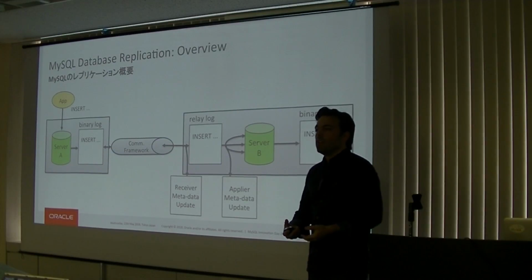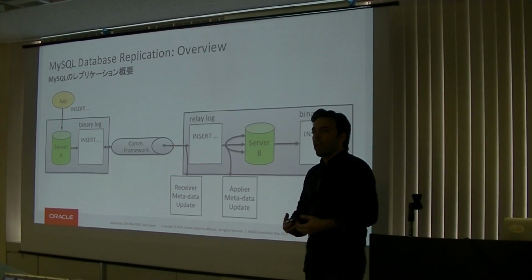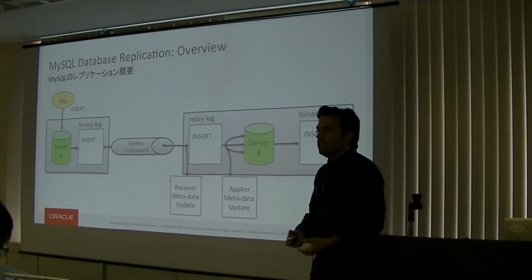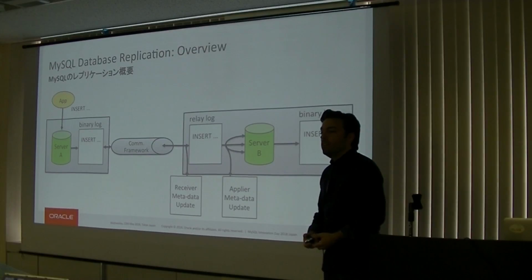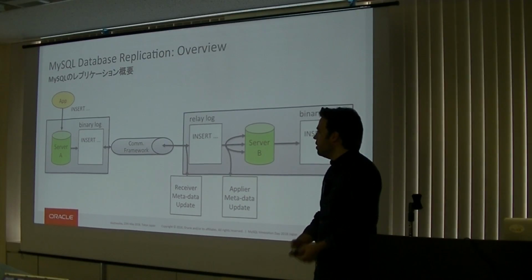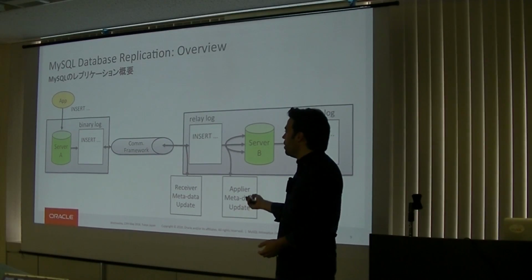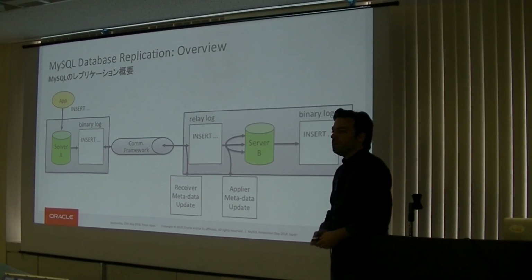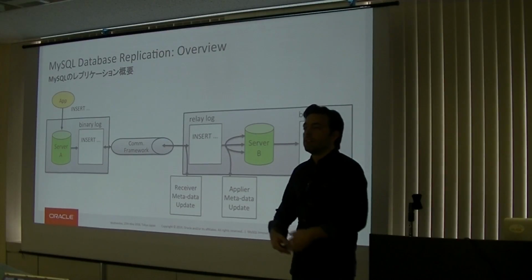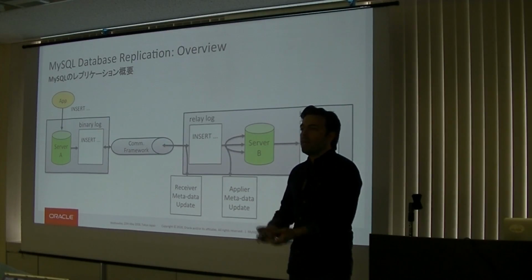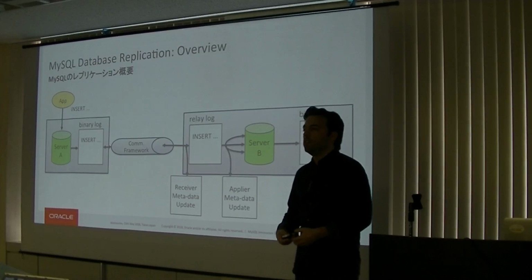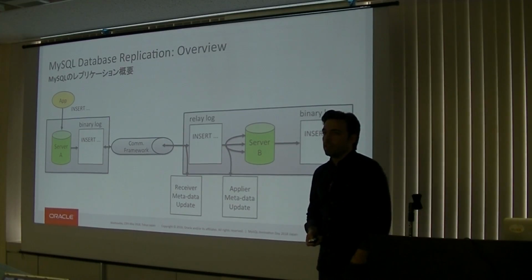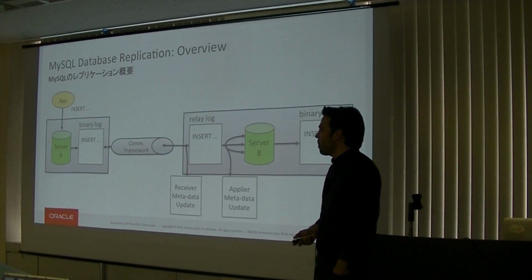The bin log is kind of a change data capture log where we write the changes or the statements that cause the change in the server, and then this log is shipped around through a communication framework to some other servers, which we call the slaves. And the slaves will take this log, will apply this log, and will bring their state up to date with respect to the master, which is the server where the original execution took place.